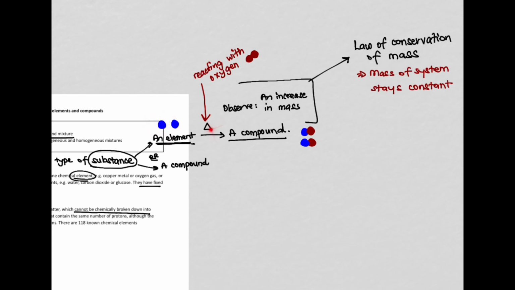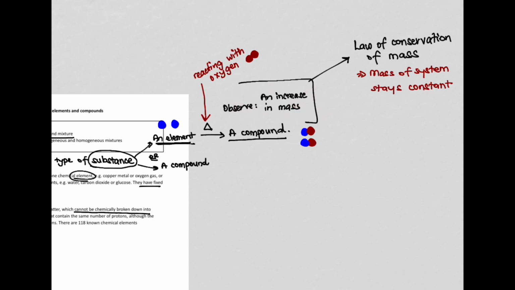If I heat an element, I'm reacting with oxygen. So the red ones are oxygen. So this is an oxygen molecule. So a molecule, this is also an element, right? And when I react these two, I'm going to get a compound. So in that case, blue and red together. And if I'm getting a compound, because of the law of conservation of mass, you must observe an increase in mass, right?